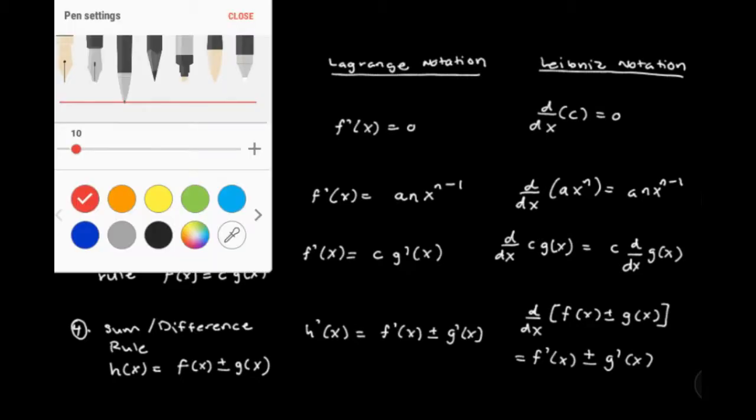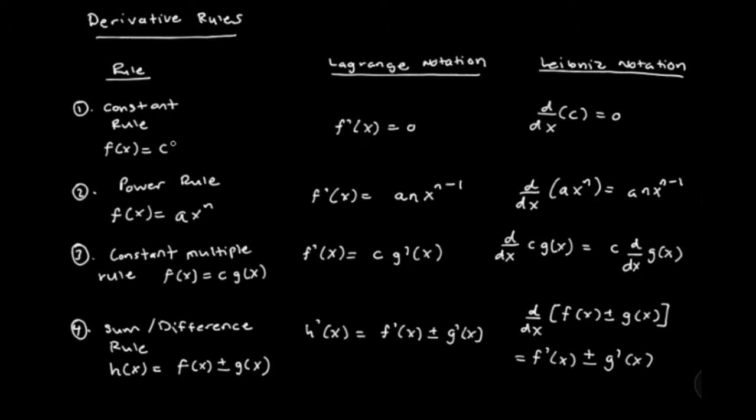Let's start with the constant rule. So using the constant rule, f of x is equal to a constant. Let's say f of x is equal to 5. Using Lagrange's notation, the derivative function f prime of x is equal to the derivative of that constant.